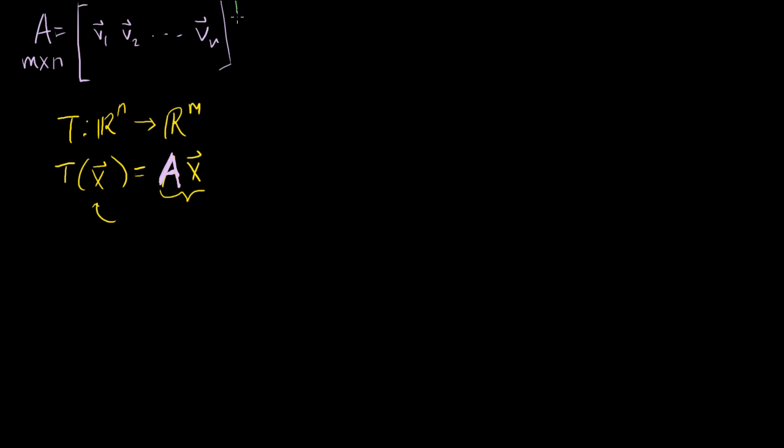If we write Ax like this, if this is x, where it's x1, x2, it's going to have n terms because it's in Rn. This can be rewritten as x1 times v1 plus x2 times v2 all the way to xn times vn. So it's going to be a sum of a bunch of these column vectors.